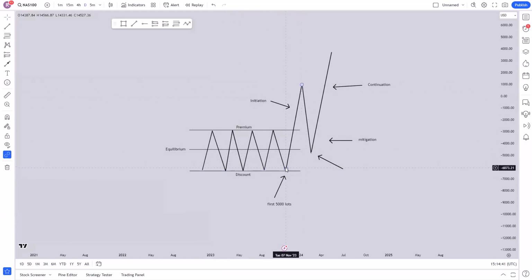Why would they put 5,000 lots here and then put the remaining 5,000 lots at a more expensive price up here? It doesn't make sense. They would wait for that retracement back into that whole demand zone to then get a cheaper price.